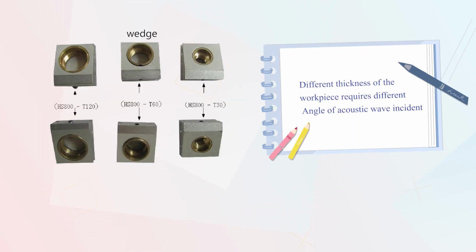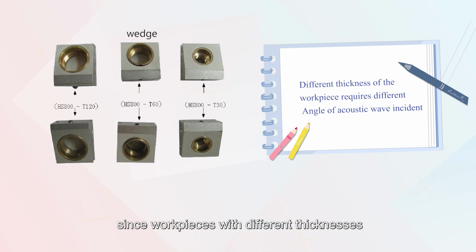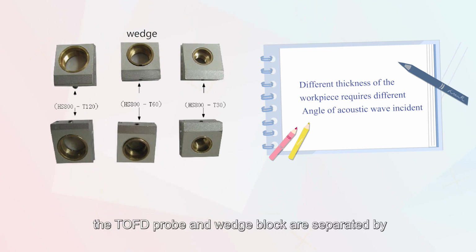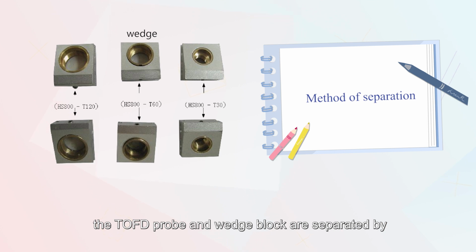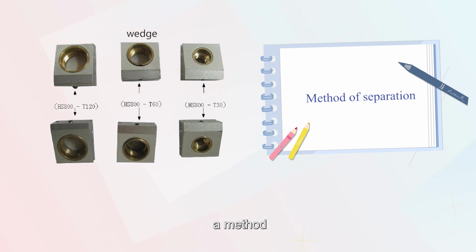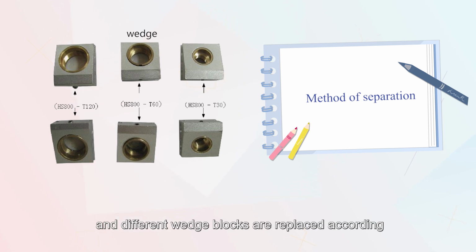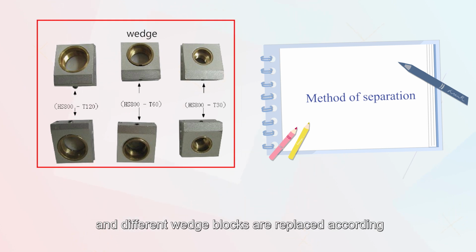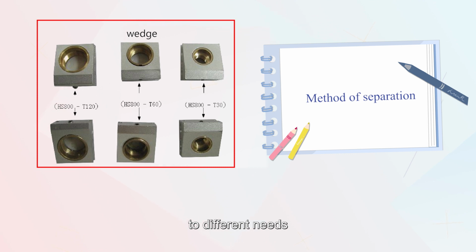In addition, since workpieces with different thicknesses require different angles of sound wave incidence, the TOFD probe and wedge block are separated, and different wedge blocks are replaced according to different needs.